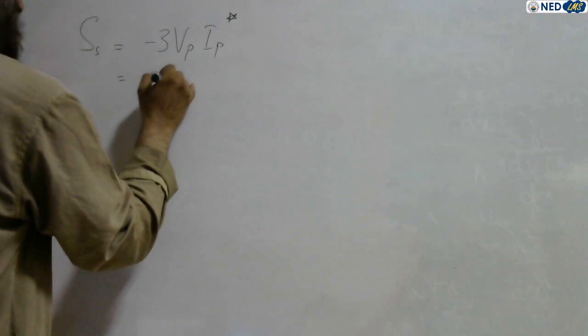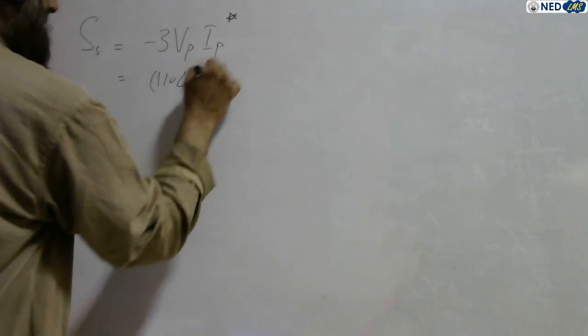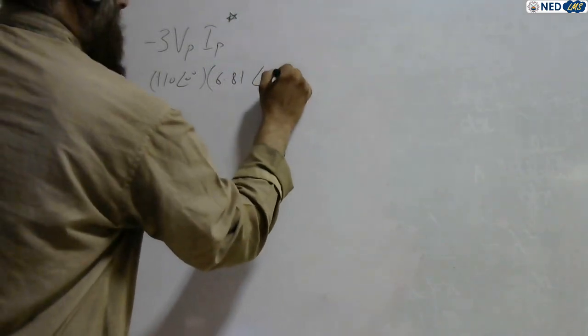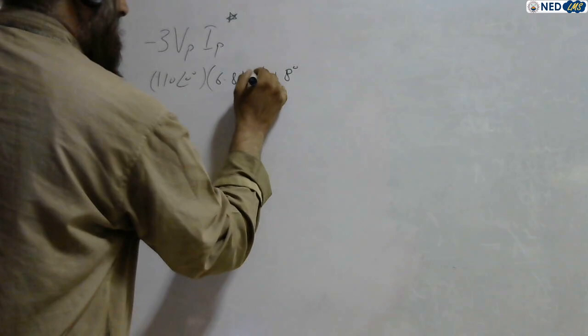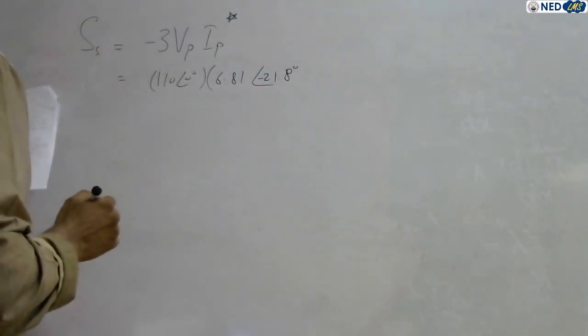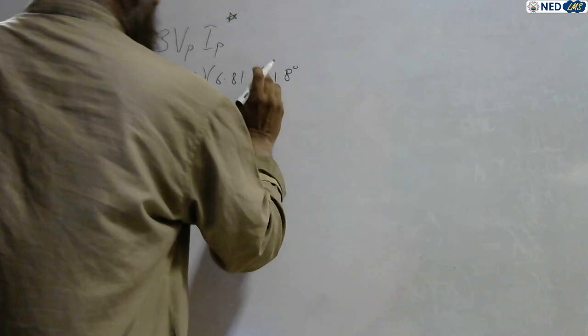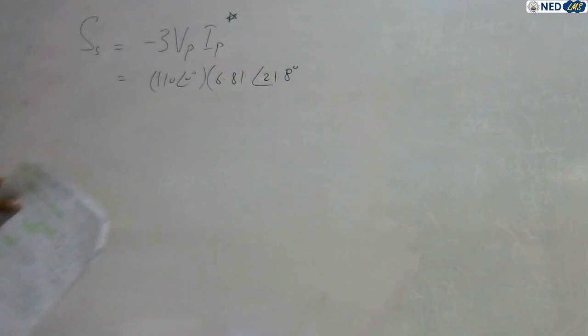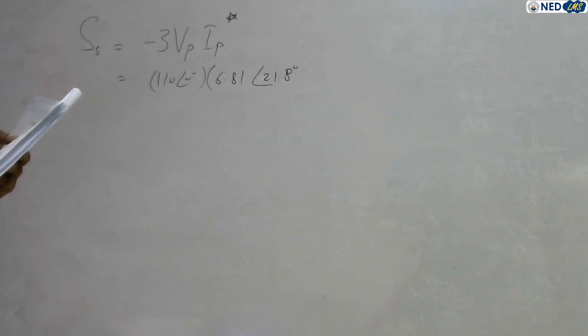The voltage value was 110∠0 degrees, and the current value was 6.81∠21.8 degrees, because it is the conjugate. You know how to take the conjugate: the current angle was negative, but when we take the conjugate it becomes positive.